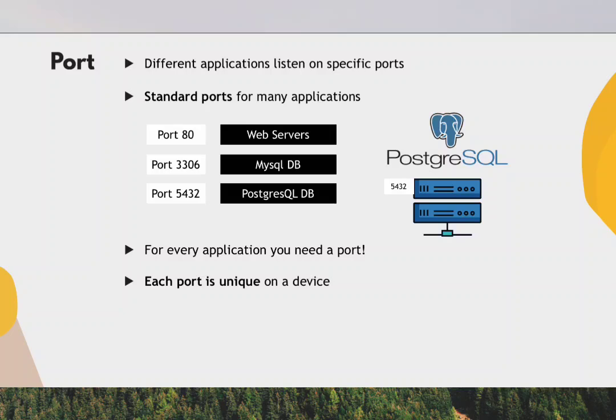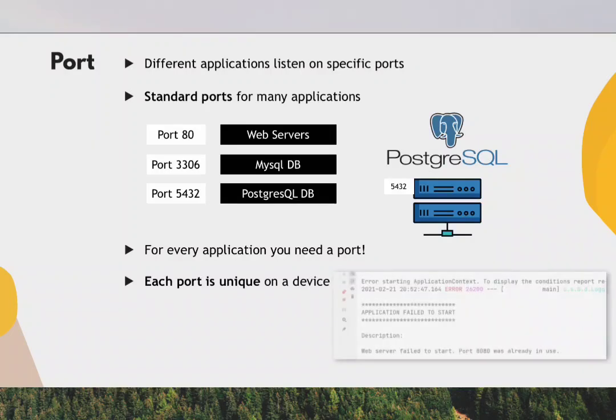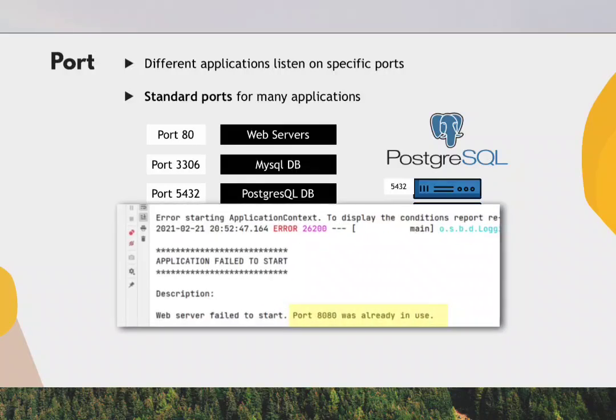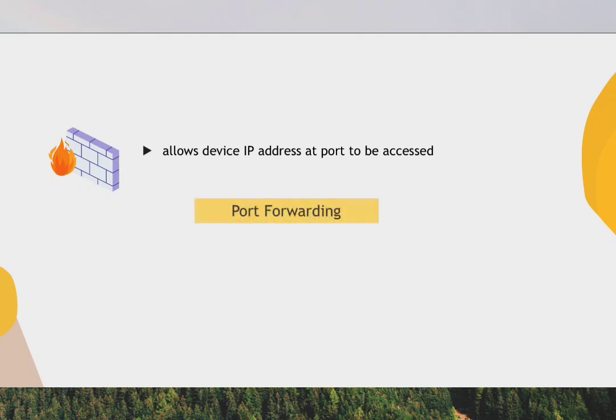If you try to start the second application on the same port, you will get an error which says port already in use. So the firewall configuration allows a specific combination of device IP address and port to be accessed. So firewall is like a guard that is standing in front of the building and checks and verifies who can enter which door. And that configuration is also called port forwarding configuration.